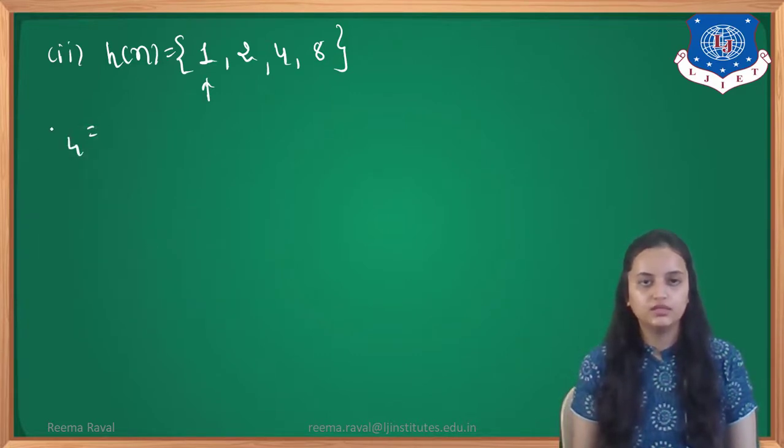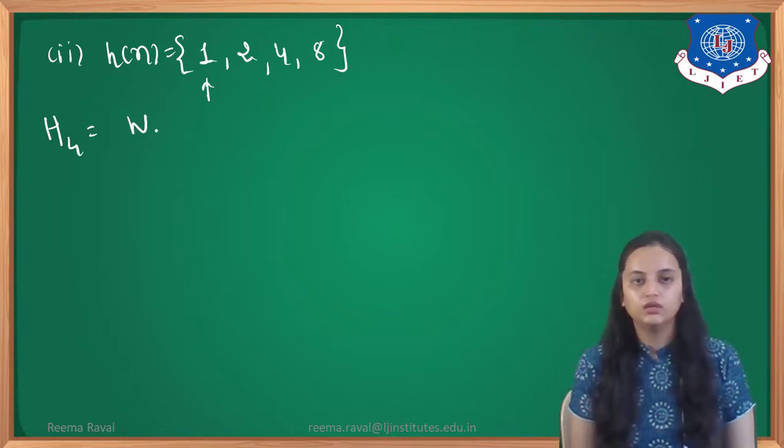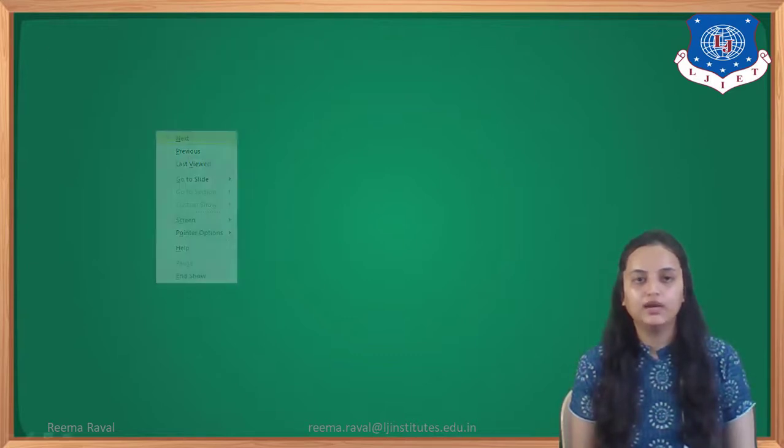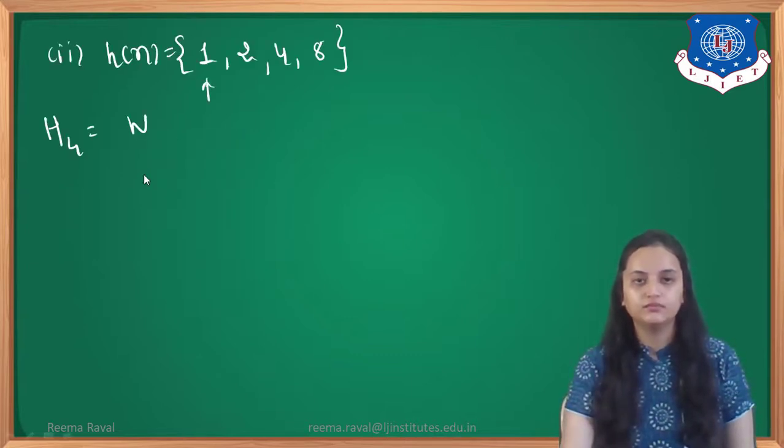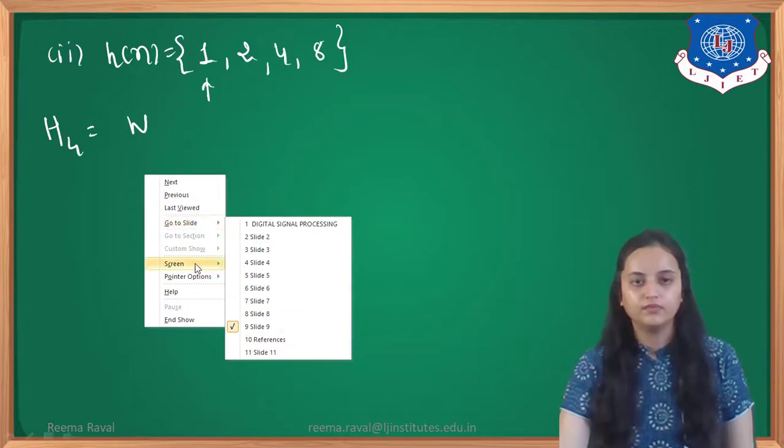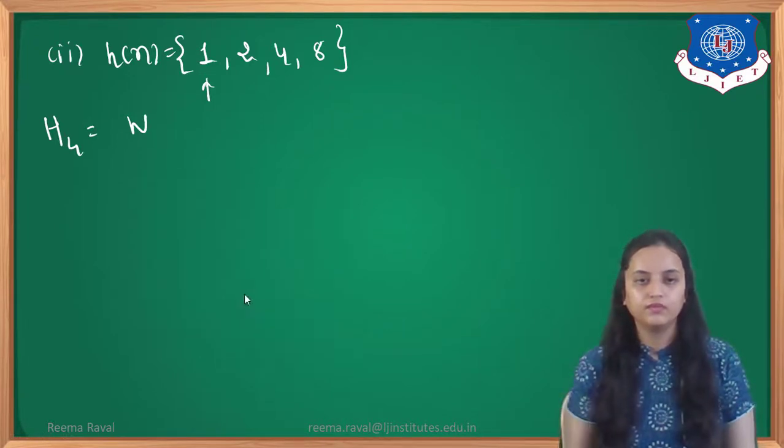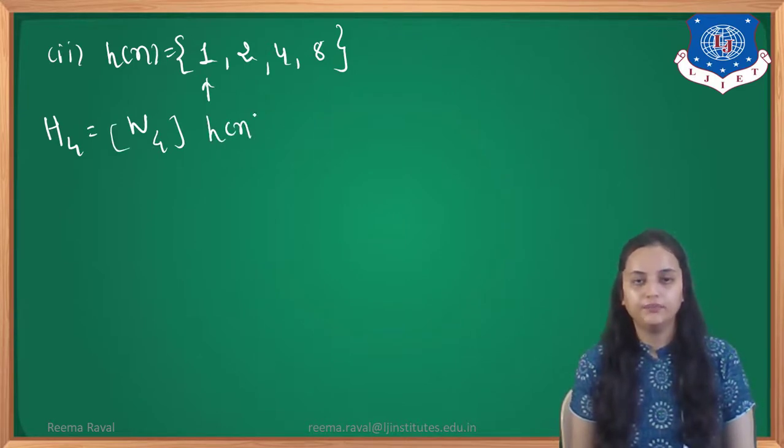So h4 is equal to W, that is the matrix for this, times h of n.